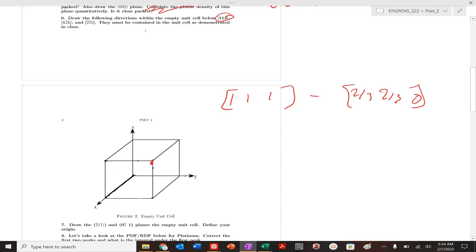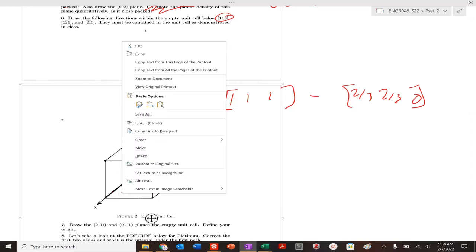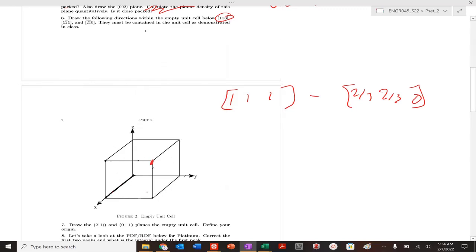So 1, 1, 1 is going to be our finish, and then we're going to do 2/3, 2/3. So I'll make it like this. It'll look like that. Finish minus my start. Not super pretty, but there we go.